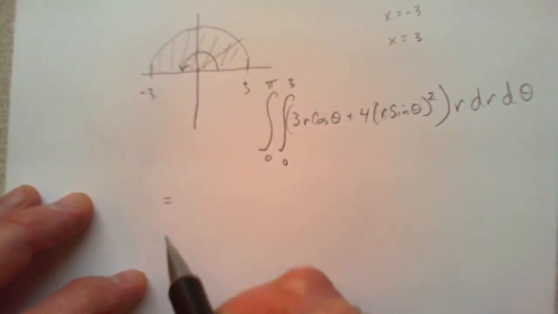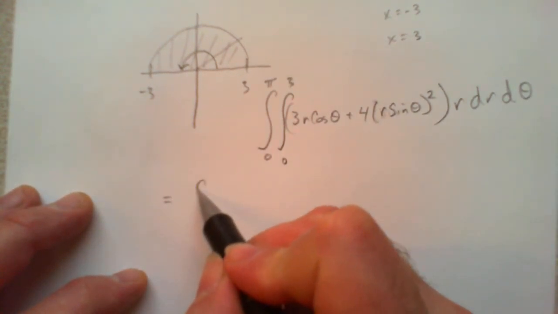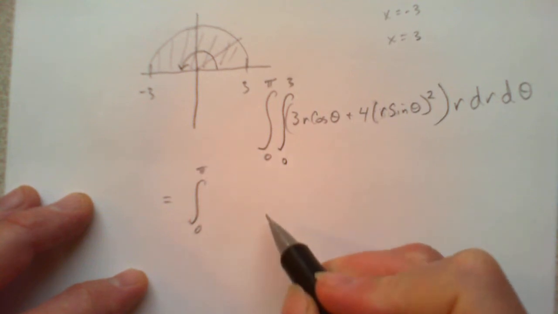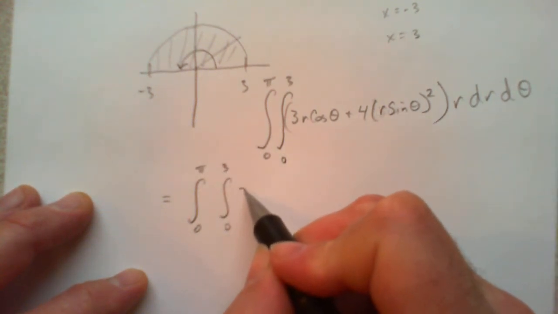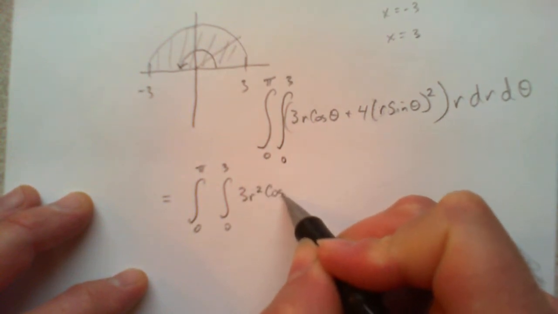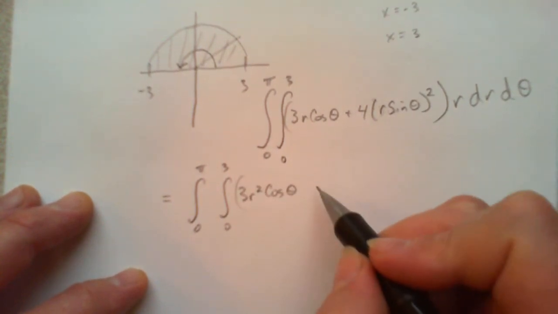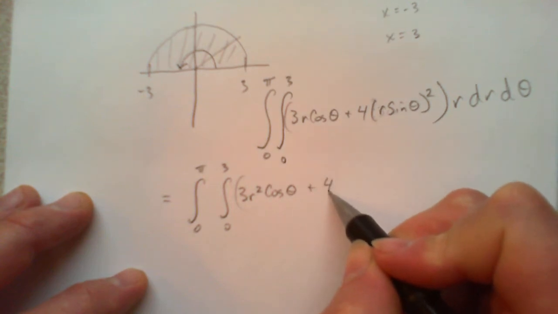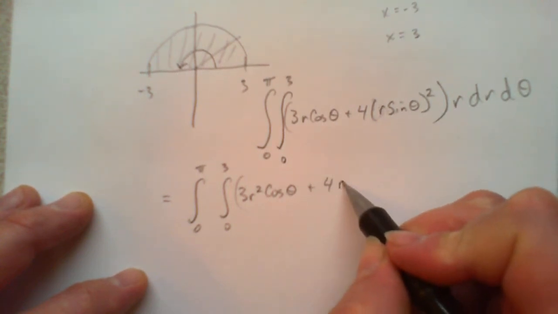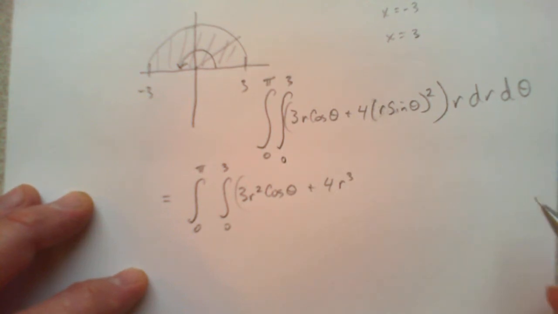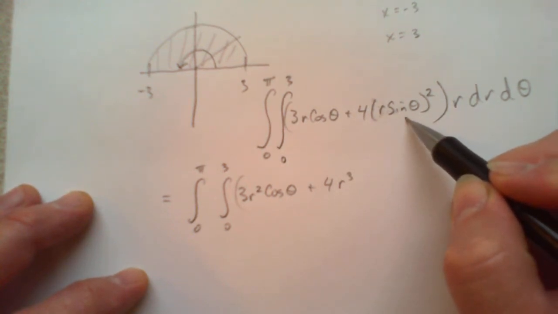Okay, let me clean it up just a little bit. 0 to pi, 0 to 3, and multiplying the r in, you'll have 3r squared cosine of theta plus 4r. So here I have an r squared, another r shows up, and I'm about to have r cubed. I'm going to eventually have to deal with sine squared.